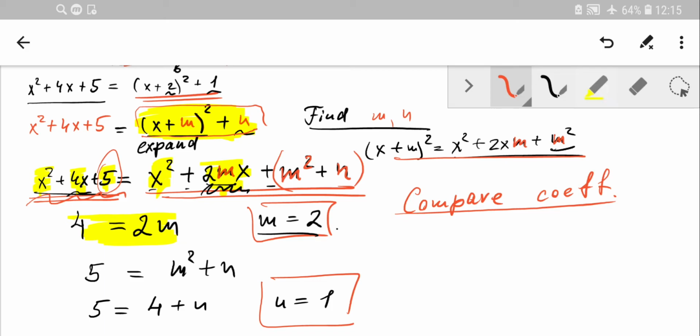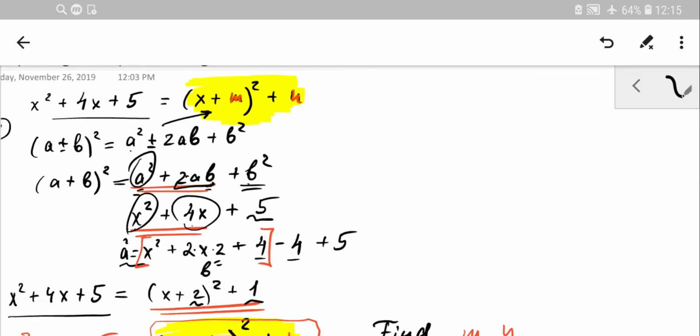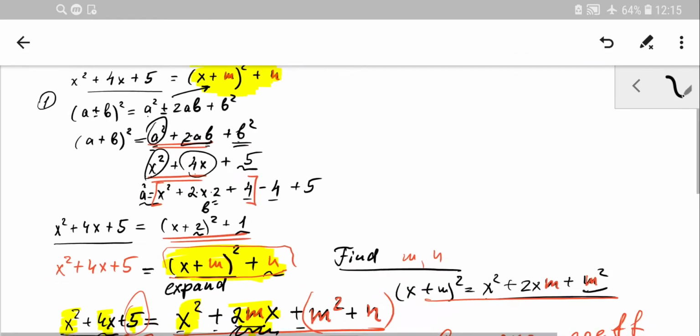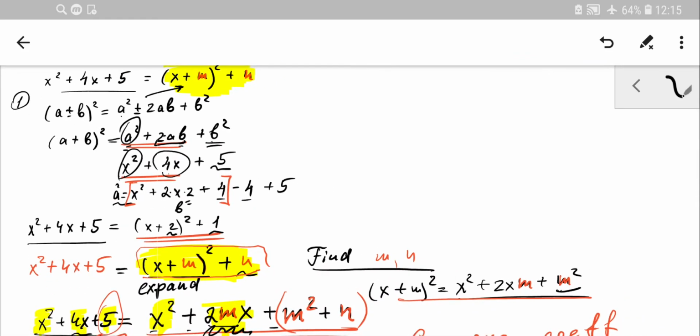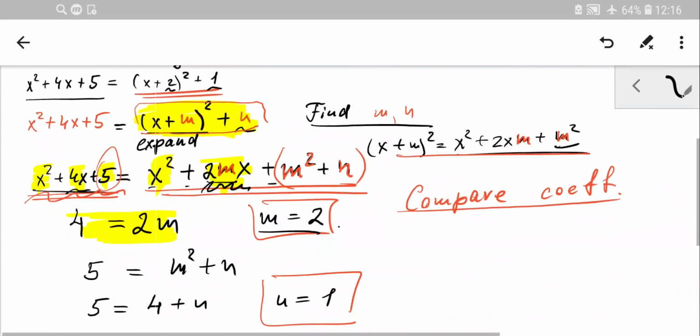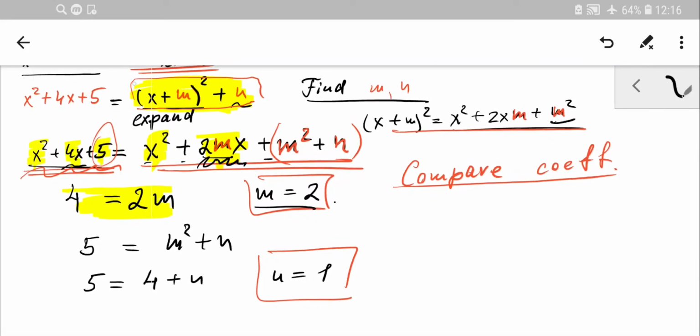This method is pretty fast, but some people prefer the first method because it's also straightforward. Maybe it works a bit faster if you're able to find A and B quickly. For those who can memorize what we need to arrive at, you can use method 2 through the formula and later comparison in order to find coefficients m and n.